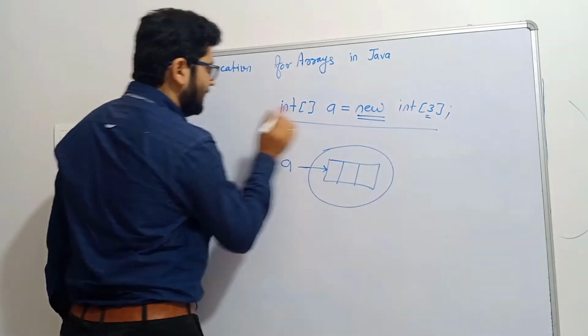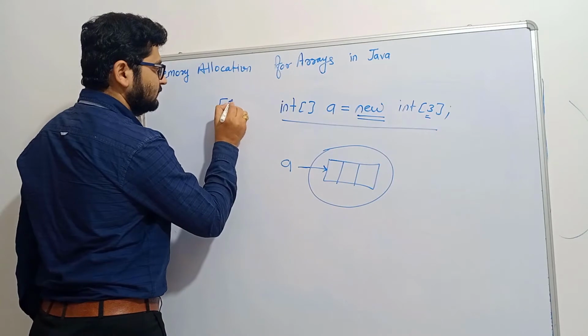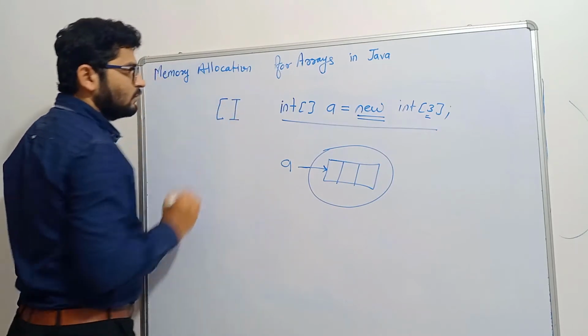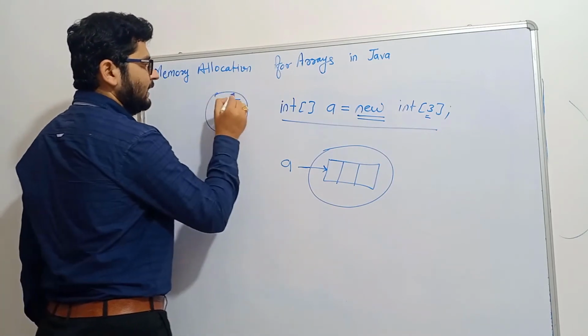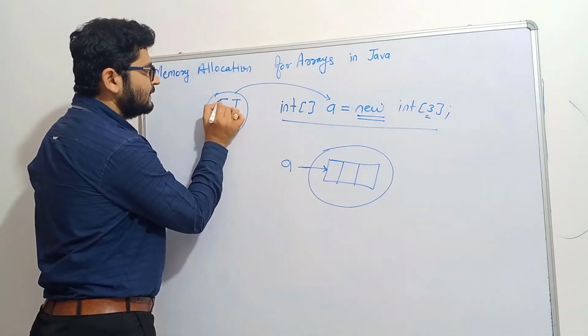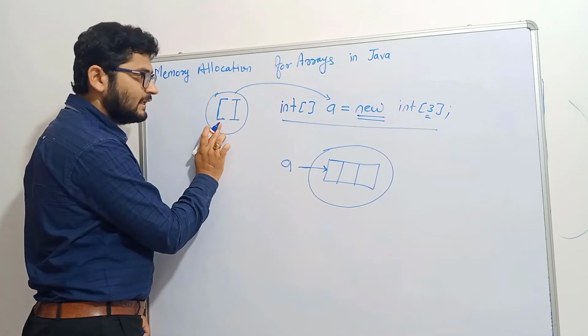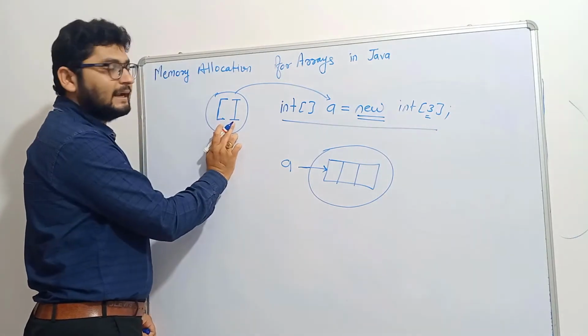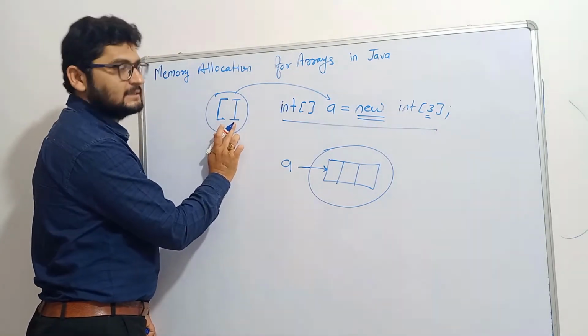Here the class of A is nothing but this one. Okay, so the class name of A is nothing but an opening bracket and I. This opening bracket is indicating that it is a one-dimensional array, and I is indicating that the type of the array is integer.